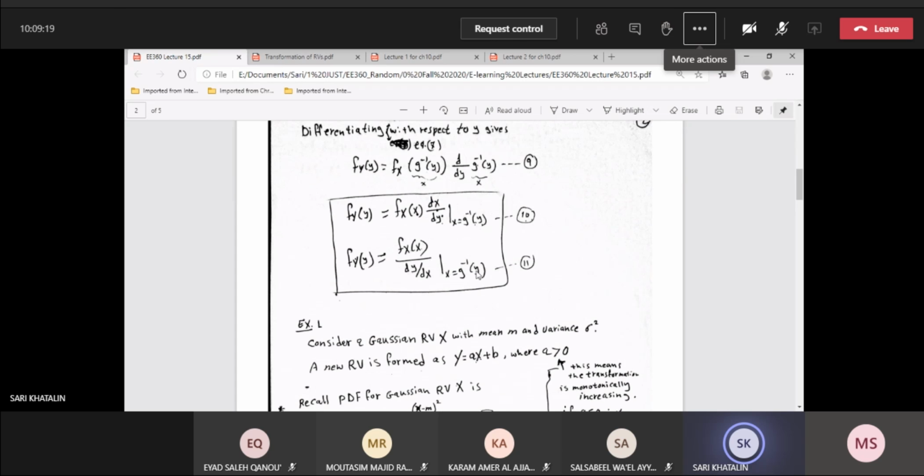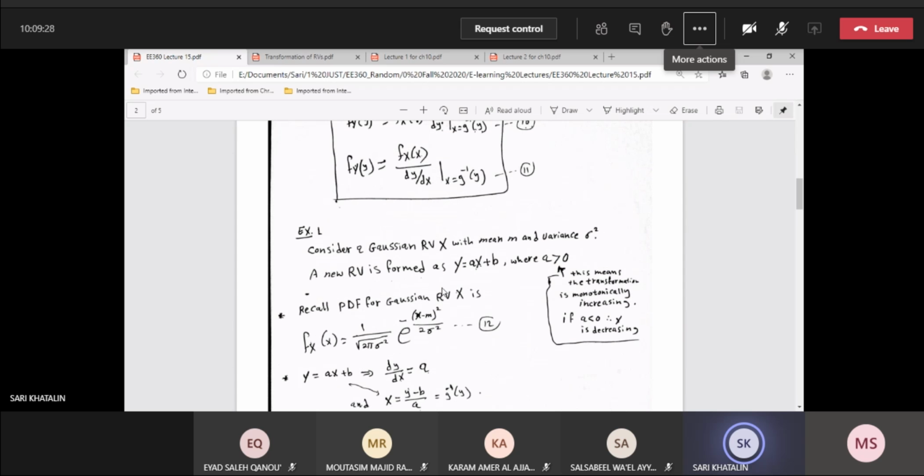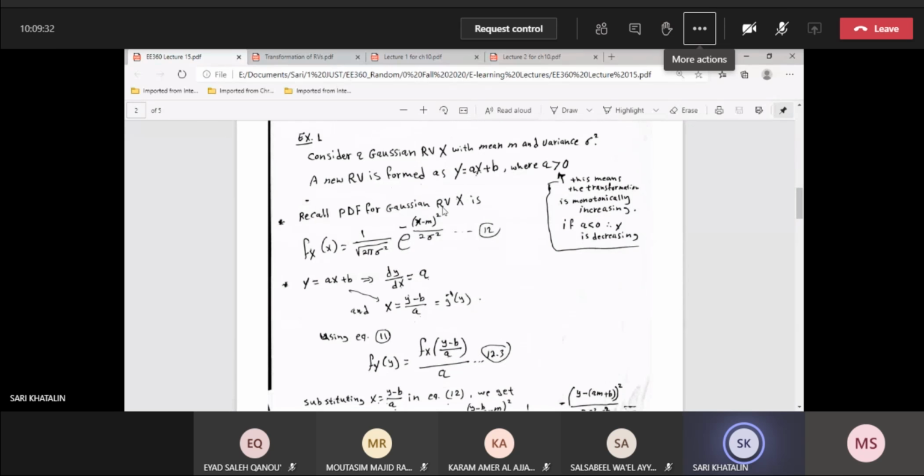So equation 11, what do we need? We already know the PDF of the Gaussian random variable. We've seen that before. Now we have y, so we found the derivative of y with respect to x.